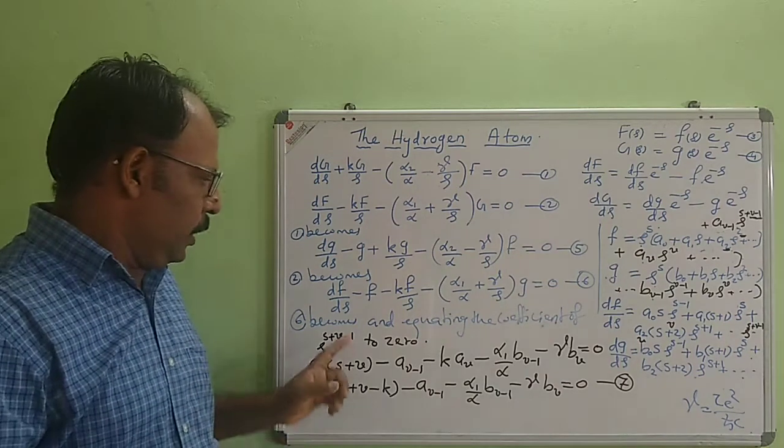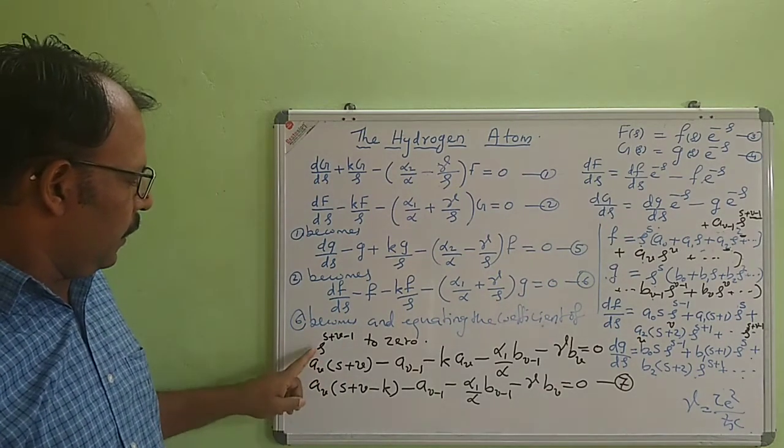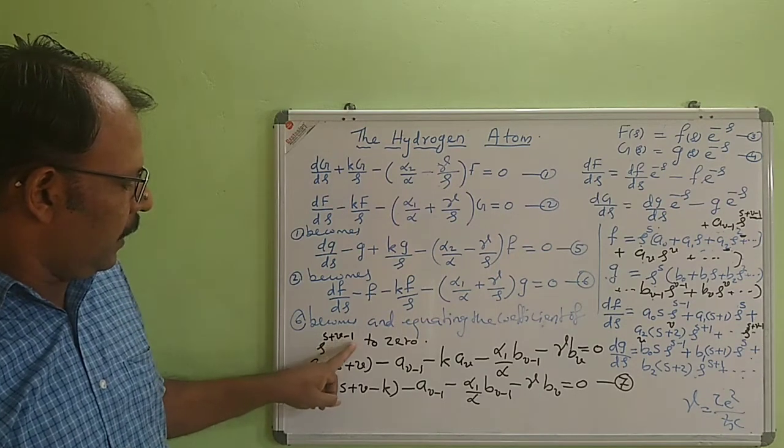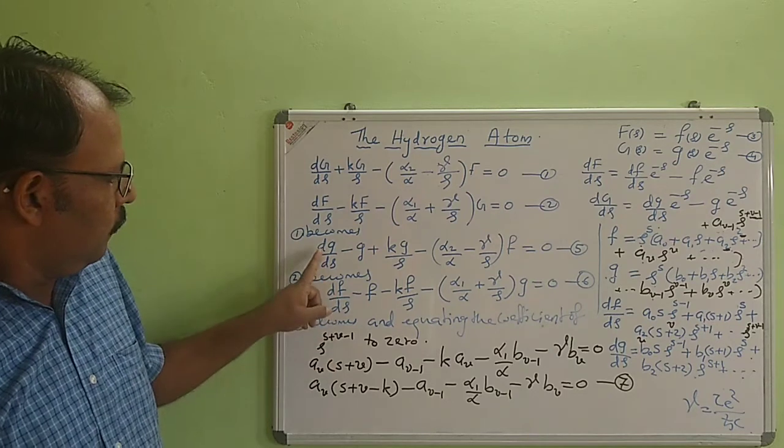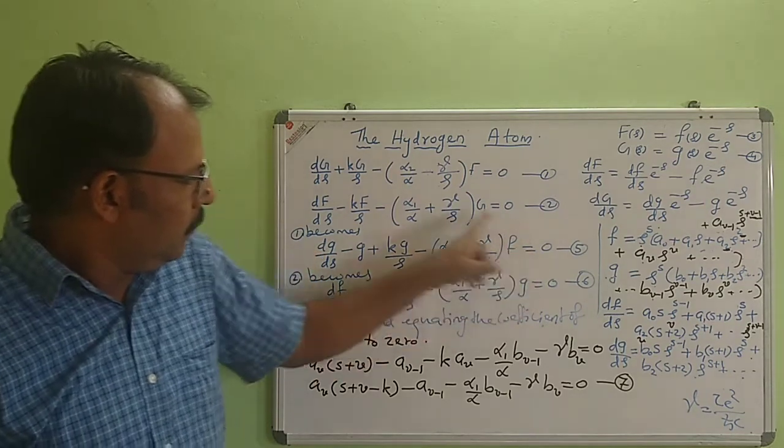Now equate the coefficient of rho raised to s plus v minus 1 to 0. Coefficient of rho raised to s plus v minus 1 from this equation.